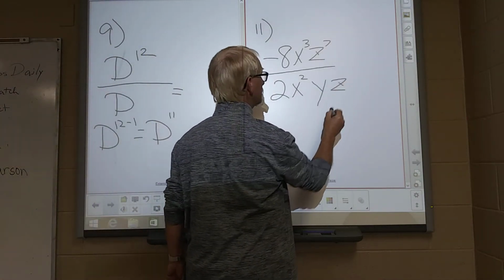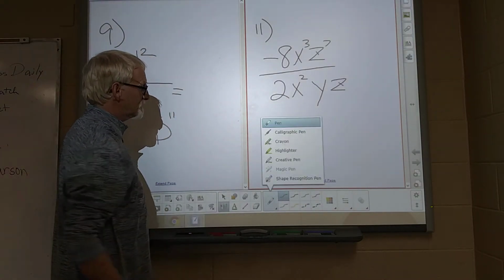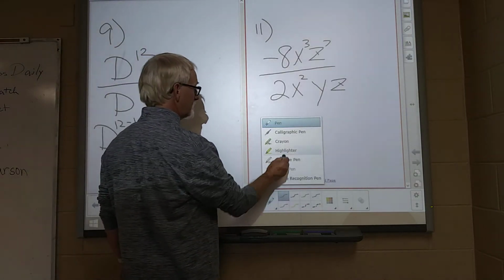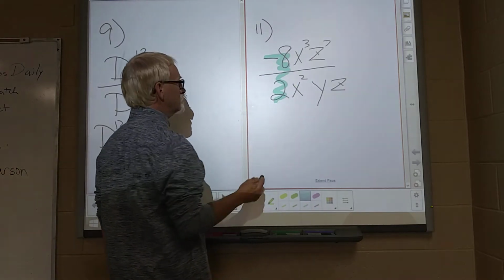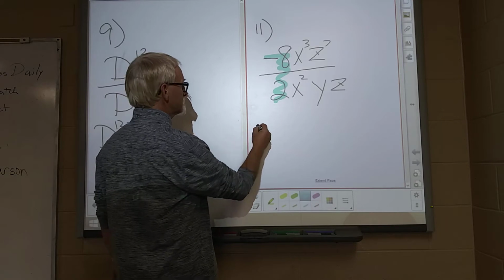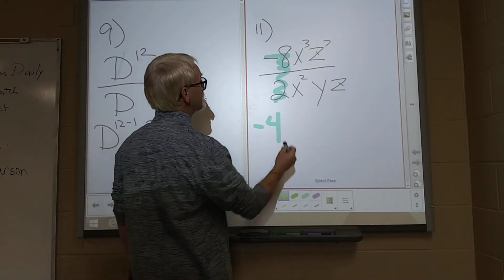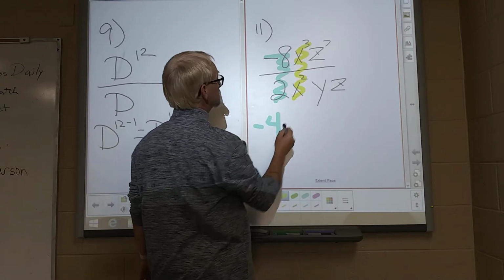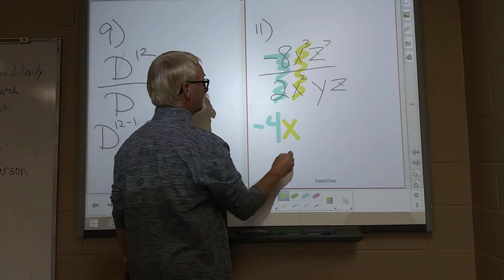Now remember, you can only combine like terms. So let's highlight our like terms. We have our negative 8 and 2. Negative 8 divided by 2 is negative 4. Then the x to the 3rd is going to be 3 minus 2, which is 1, so it'd be just x.